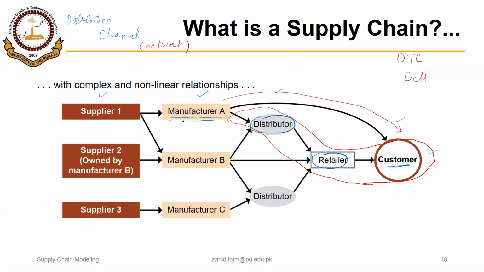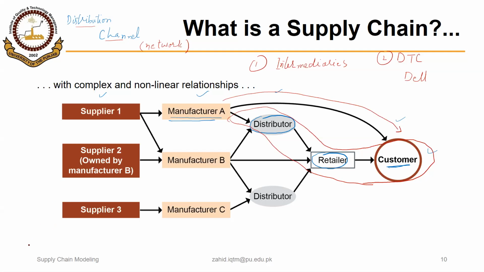So that is one thing that we can observe: manufacturer A is using two distribution channels and networks. One is through distributor and retailers, and they are actually called intermediaries. And the second is direct to the customers.